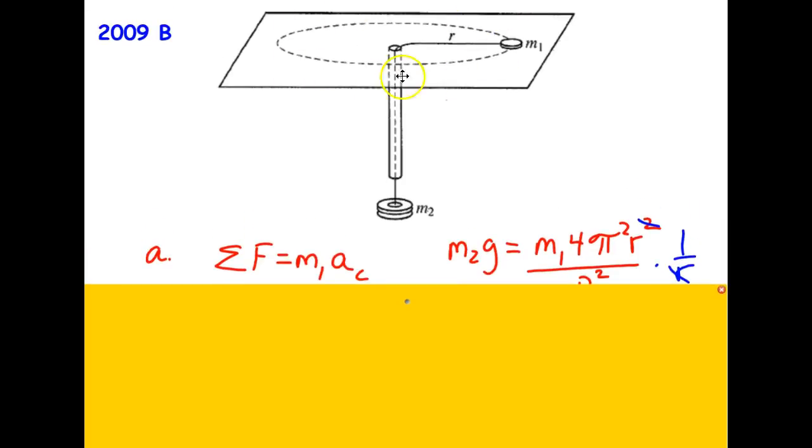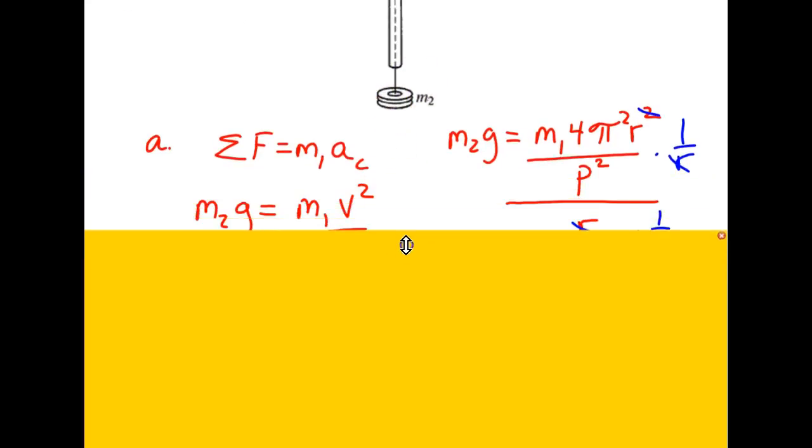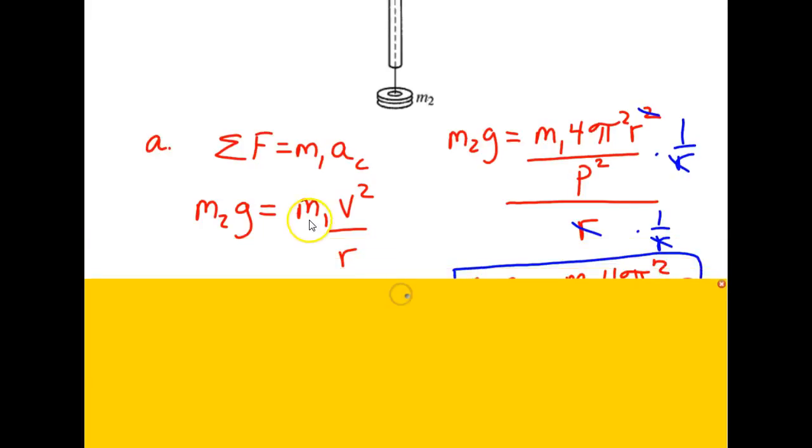Yes, traveling in a circular path. What force is causing m1 to stay traveling in a circular path? Well, it's the tension in the string, but the tension is caused by the hanging weight. So m2g is what causes m1 to centripetally accelerate at v squared over r.